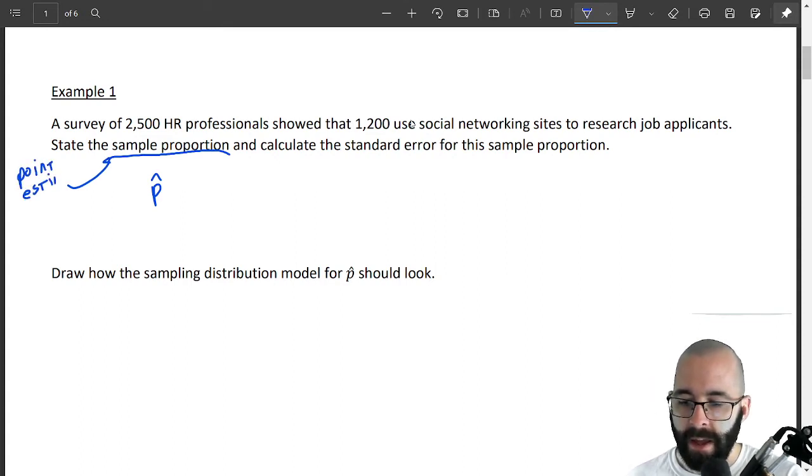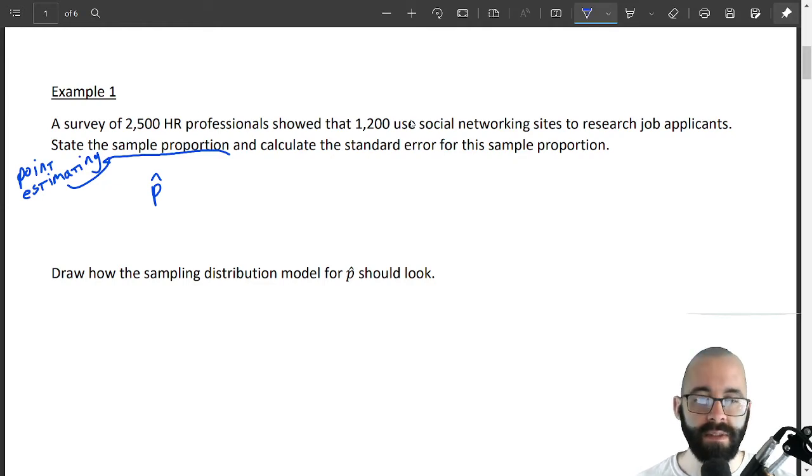Point estimate. We are estimating the actual proportion p. We're estimating the actual proportion of HR professionals who use social networking sites to research job applicants. All right. And we're estimating it with a single point. And that single point is p hat.